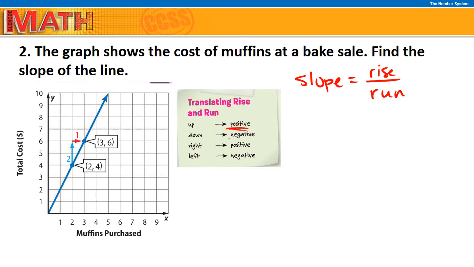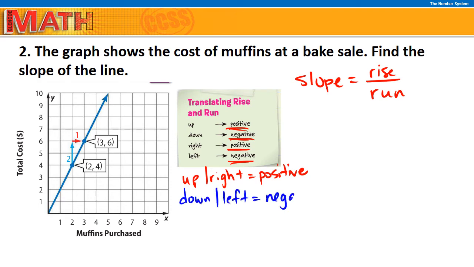If you're going down, it's going to be negative. Right is also positive and left is negative. So to sum it up, going up or to the right will be positive. Going down or to the left will be negative.